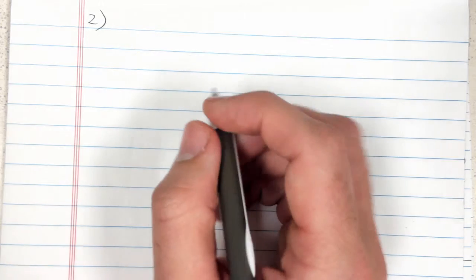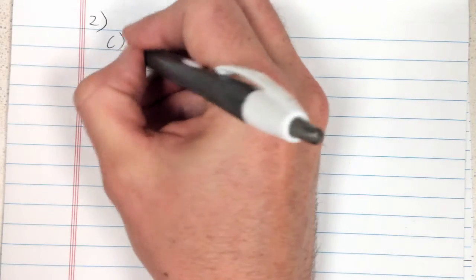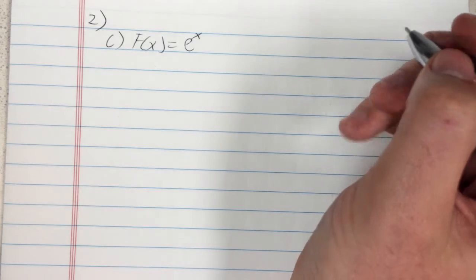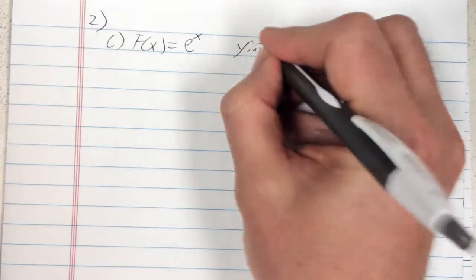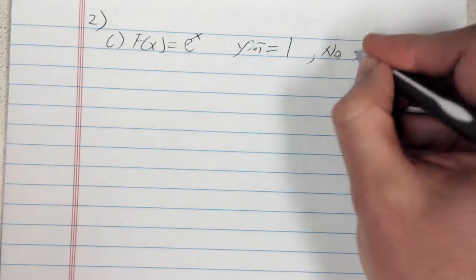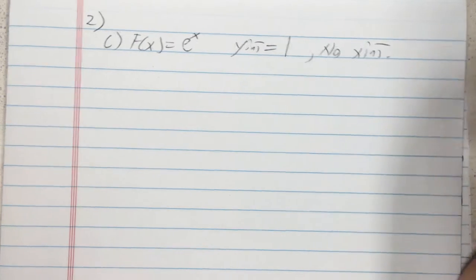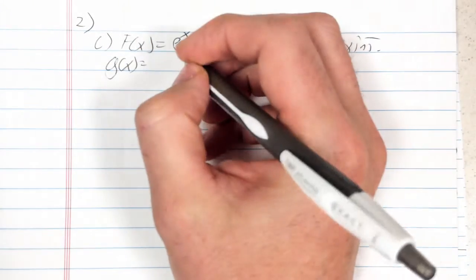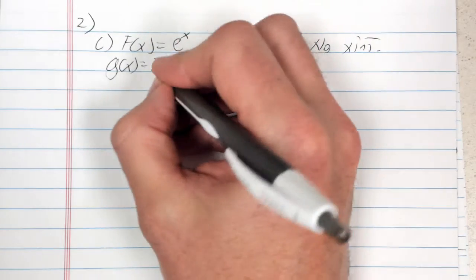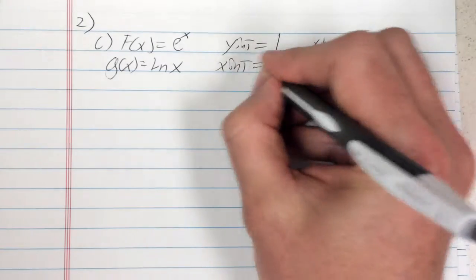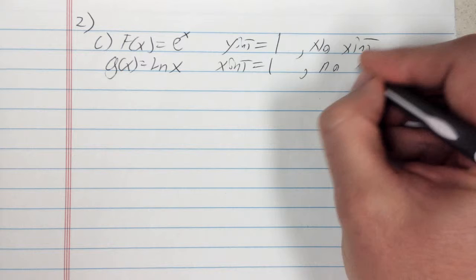So for c, f of x is equal to e to the x. The y-intercept is equal to 1, no x-intercept. For g of x is equal to natural log of x, the x-intercept is equal to 1, no y-intercept.